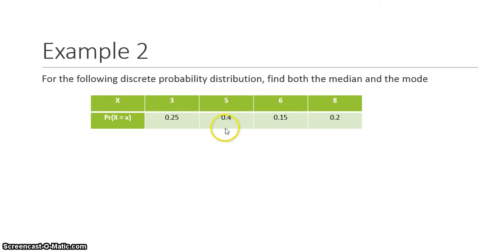Clearly, when I reach the value of 5, the 0.5 or 50% mark has been reached. So 5 is the median. Also, look at the value in the table which has the highest probability. The highest probability here is 0.4, so therefore the mode is also 5.